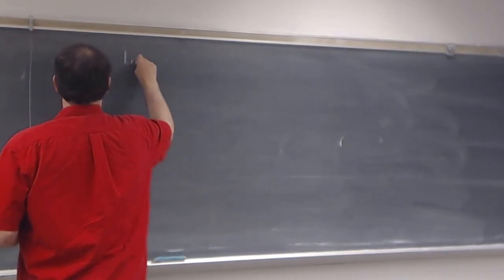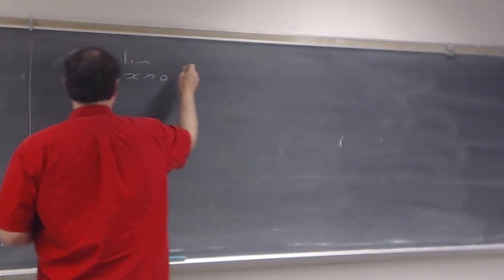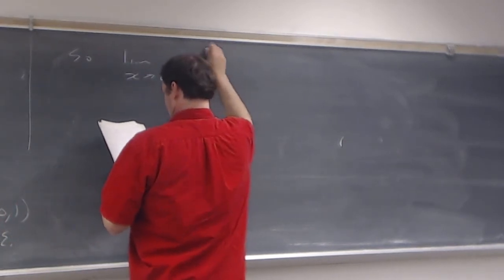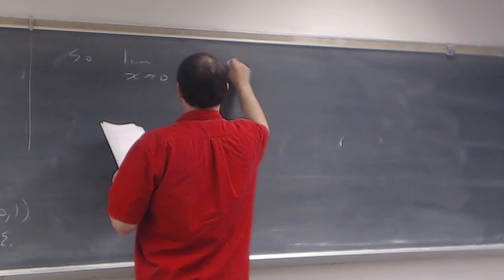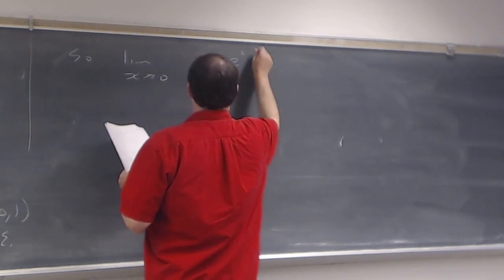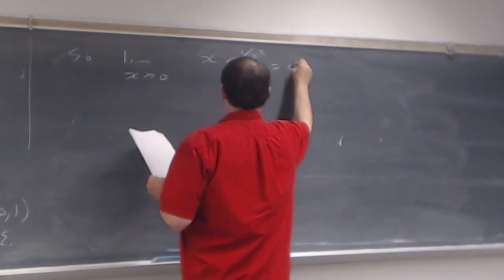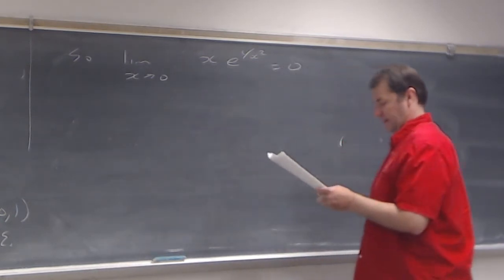So that says that the limit, as x goes to 0, of x times e to the i over x squared does indeed equal 0. So that ends the proof of the claim. Okay.